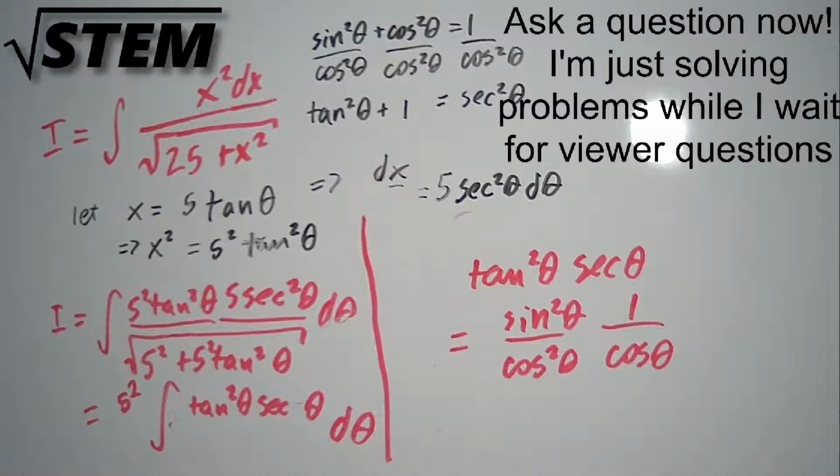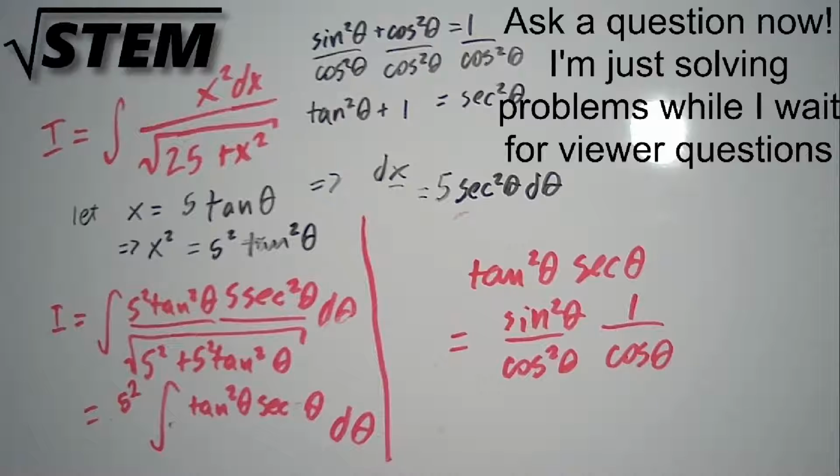Would that do anything for us? We could do another substitution and say something equals cosine, and then we would have a sine on top. I don't think that would really work.